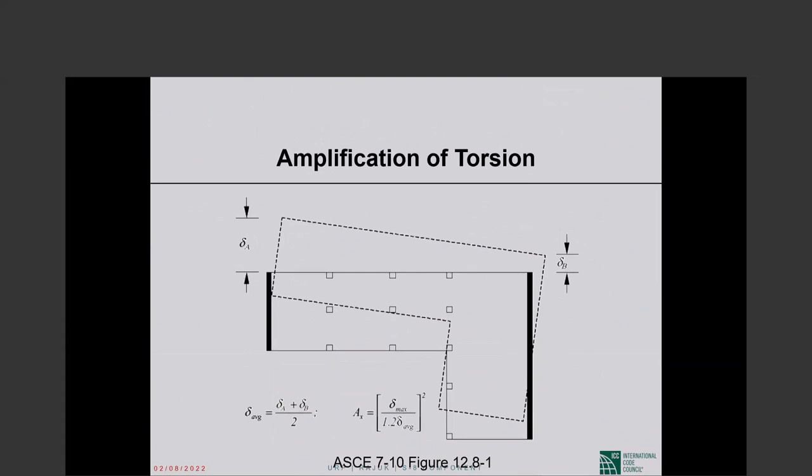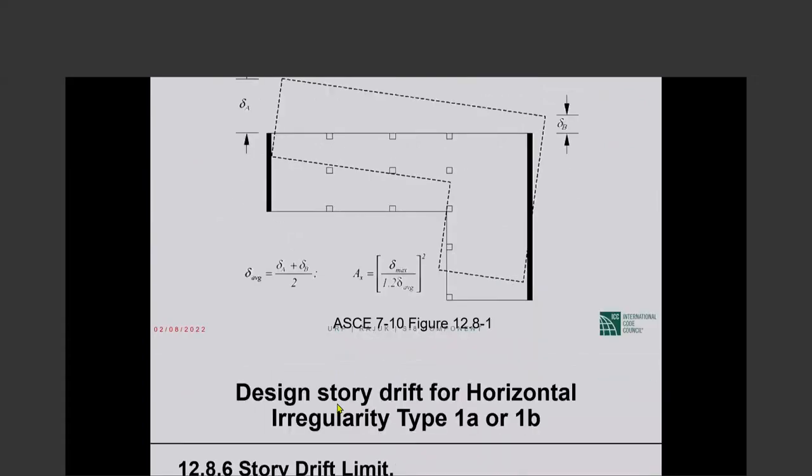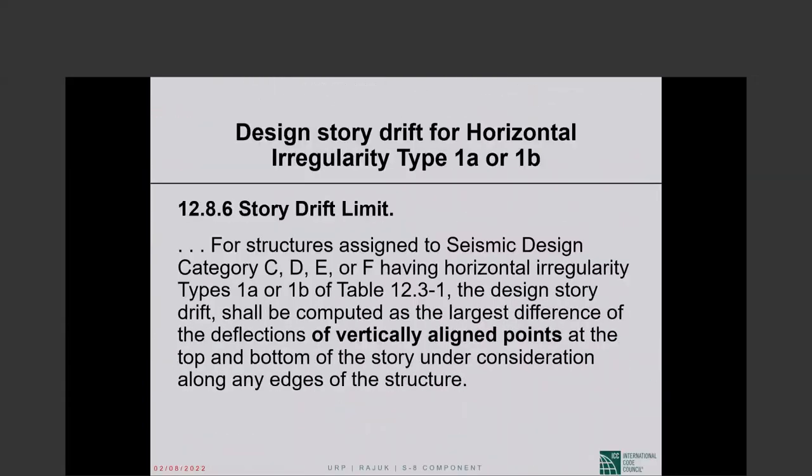So this is just illustrating the delta maximum and delta average and the definition of the accidental torsion amplification factor, or the torsional amplification factor. I don't know why it's called accidental. Okay. The next section that is triggered is 12.8.6.